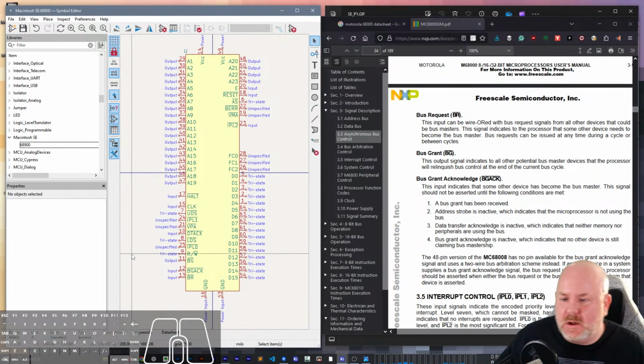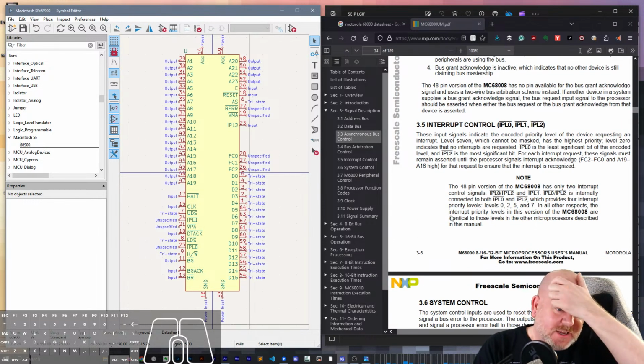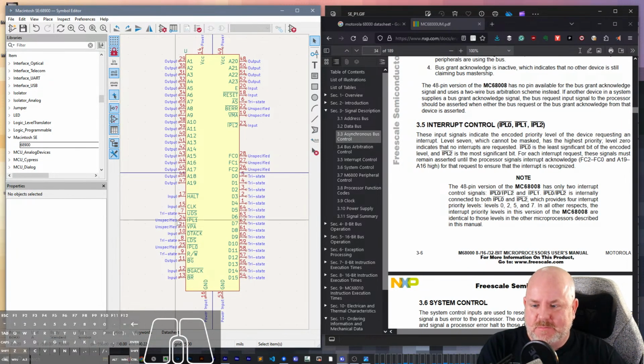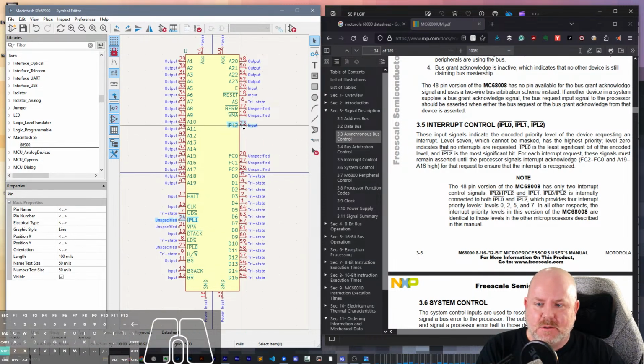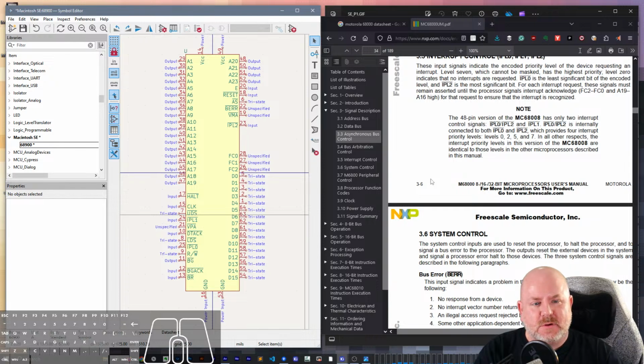Okay. Where are we at? Interrupt control. Shocking. These are all inputs. I'm not surprised by that at all. Where's the other one at? Over here. So we'll just do electrical type, input. All right, note, the 48 pin only has 2 interrupt controls. Oh, that's nice.